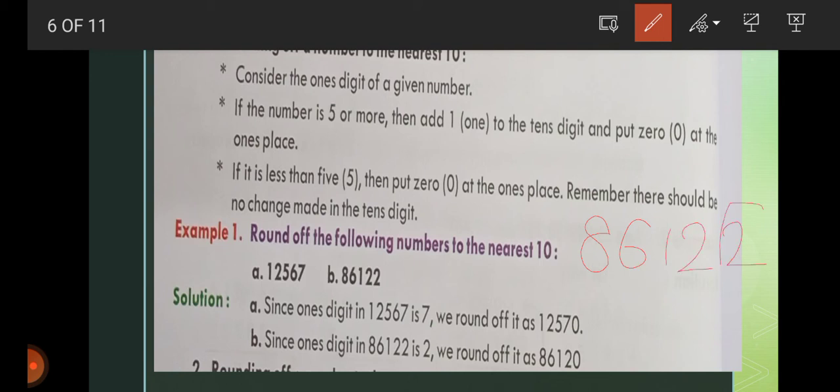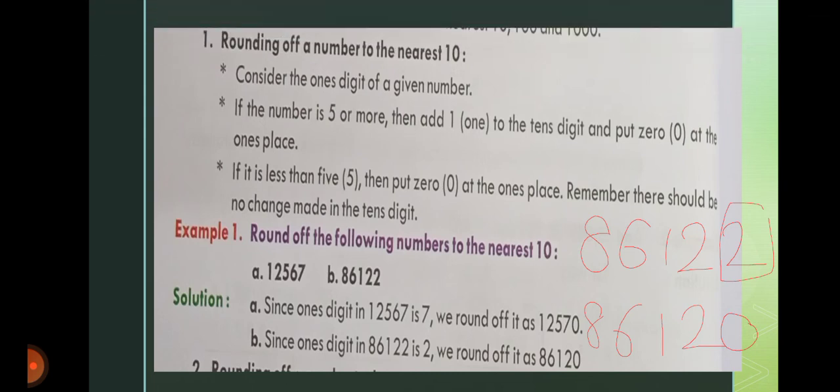In this case the ones place is less than 5, so there will be no change at tens place, it will remain the same. Put 0 at ones place, and the 100s place will remain the same, 1000s place will remain the same, 10,000s place will remain the same. This is the method for rounding off to the nearest 10.